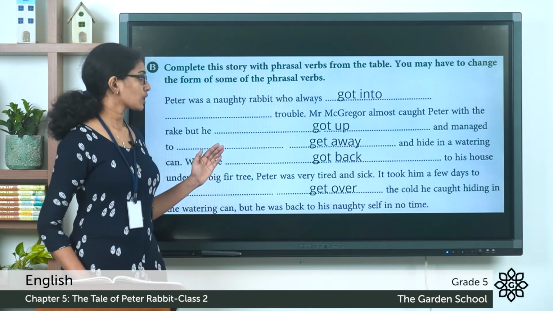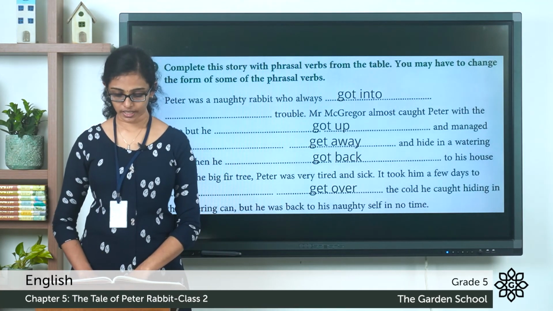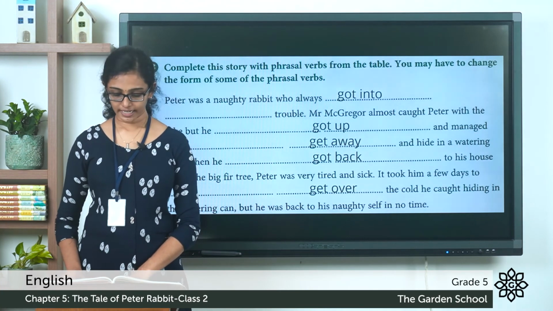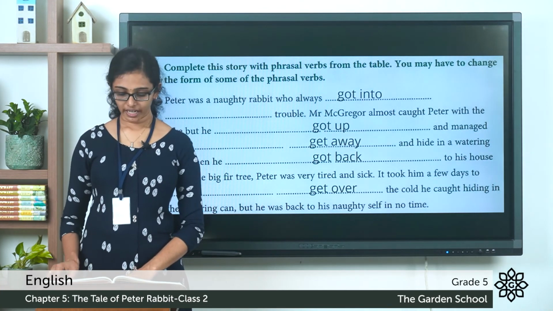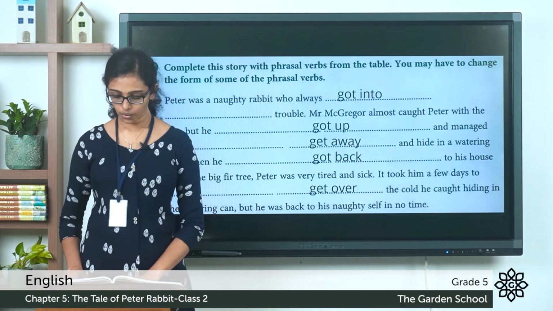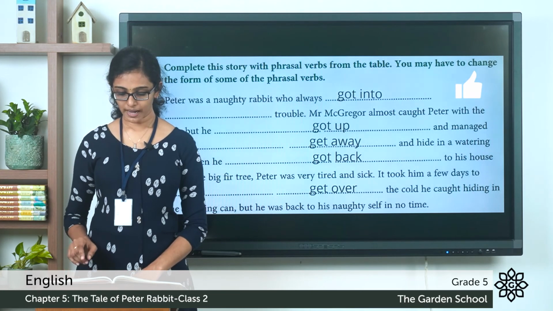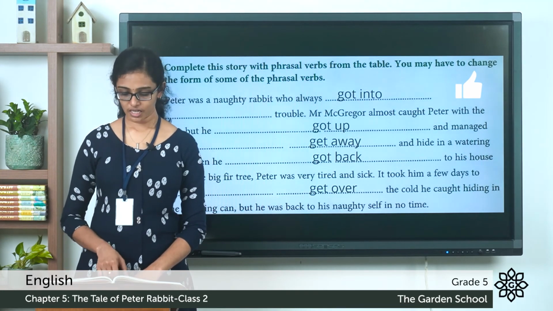When he got back to his house under the big fir tree, Peter was very tired and sick. It took him a few days to get over the cold he caught hiding in the watering can, but he was back to his naughty self in no time.